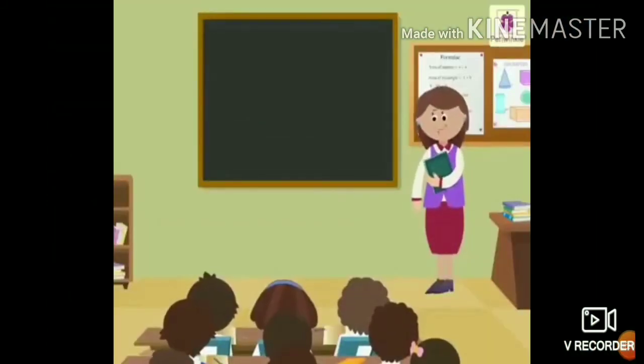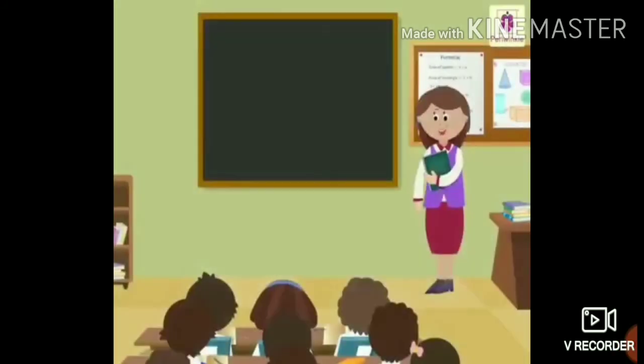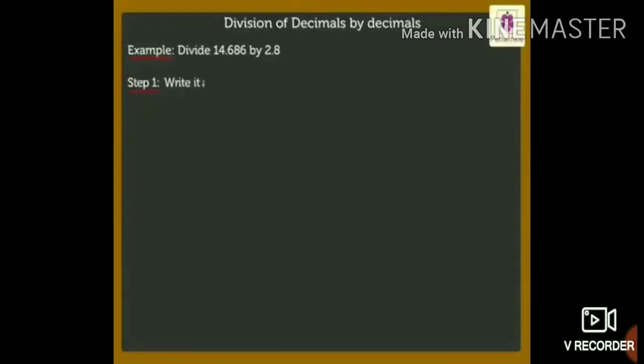Next, you can start division of decimals by decimals. Now I will take some examples. The example is to divide 14.686 by 2.8. The first step is to write it in fraction form.